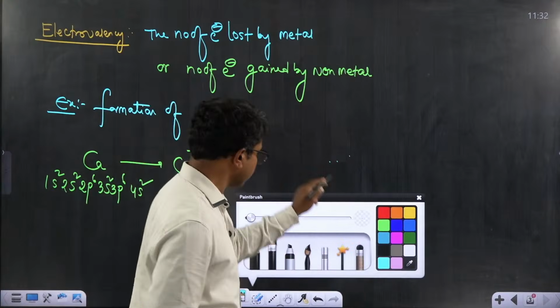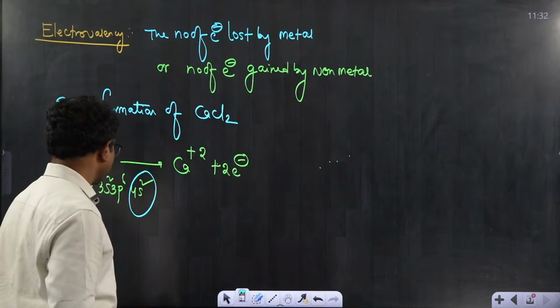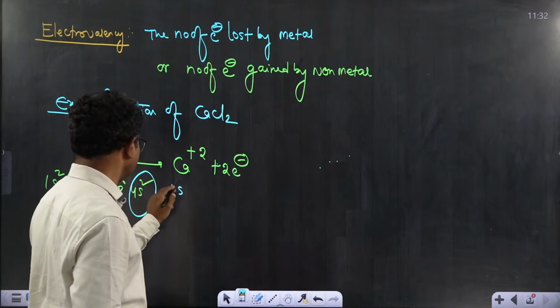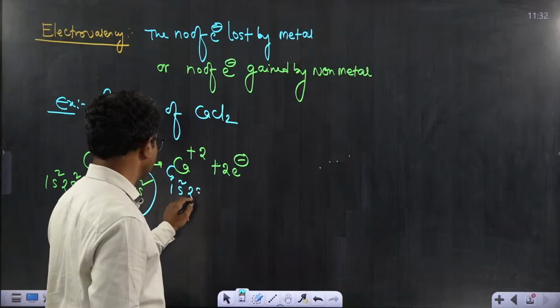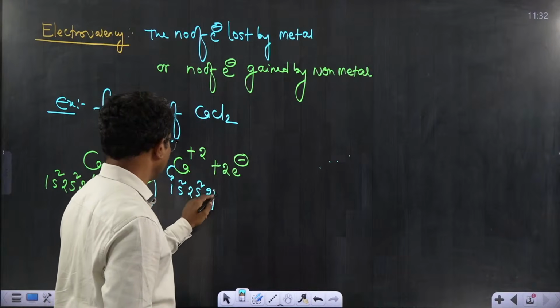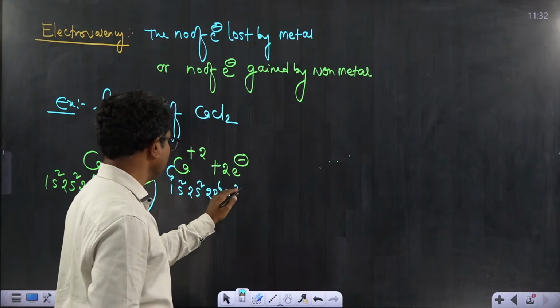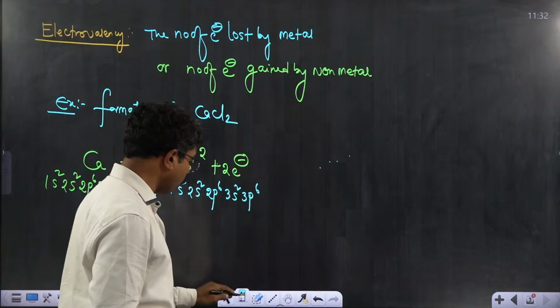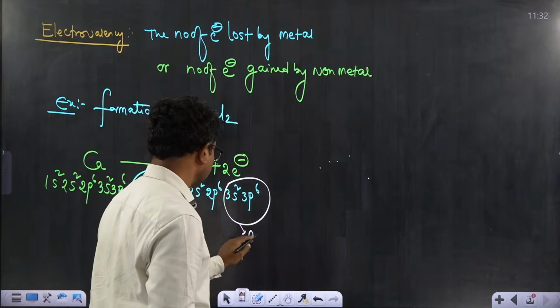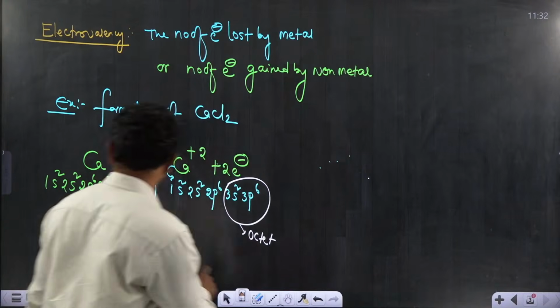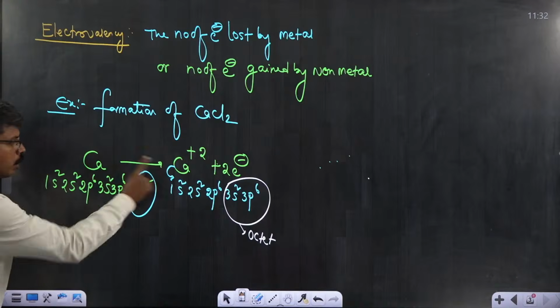In order to attain the octet configuration, calcium has to lose 2 electrons. Now the configuration of Ca2+ becomes 1s2, 2s2, 2p6, 3s2, 3p6. Now the outermost shell of calcium has an octet. So in order to achieve the octet, calcium has to lose 2 electrons.